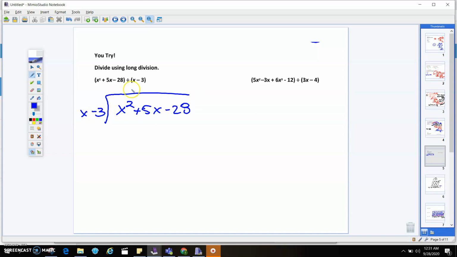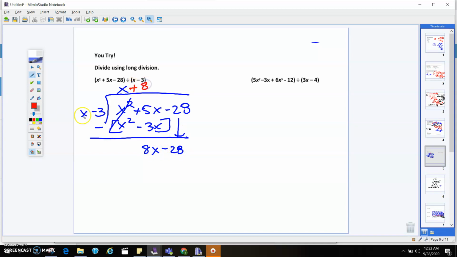So I'm going to ask myself, what times x will give me x squared? X will. I'm going to multiply that out. And then I'm going to subtract. So this will cancel out. And I'm going to get 5x minus negative 3x. That'll give me 8x. I'm going to bring this guy down. Okay? And then I'm going to ask myself, what times x will give me 8x?